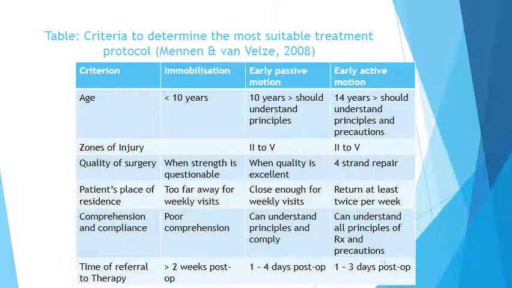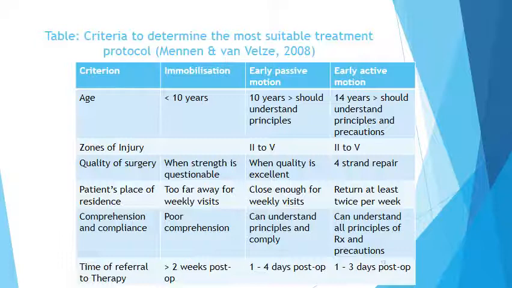So now the question is, which of the 3 categories do you decide to use? And for instance, in early passive or early active, which protocol? Well, before we can decide on the protocol, you have to know if you can do an immobilization, if that's needed, or an early passive motion or an early active motion. So, what criteria can you use?